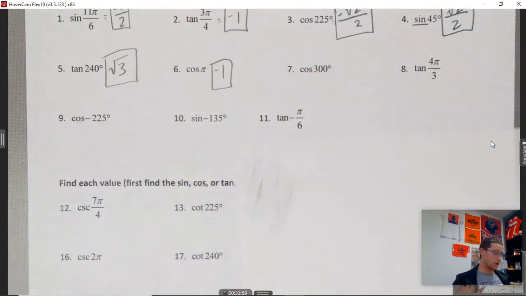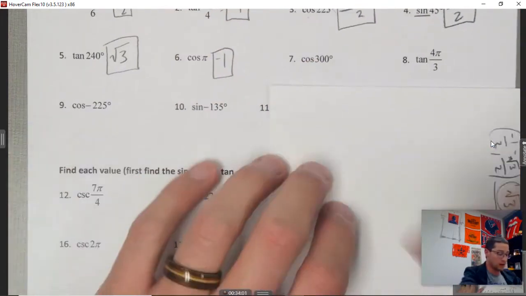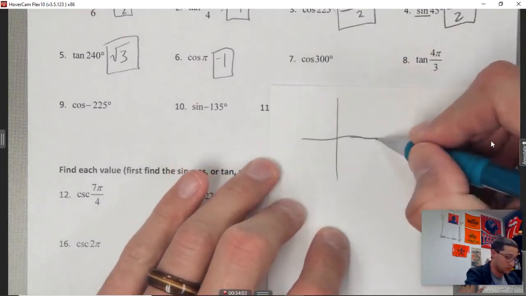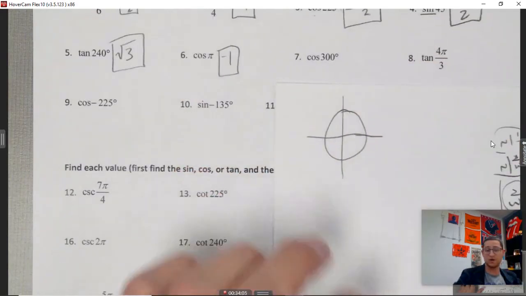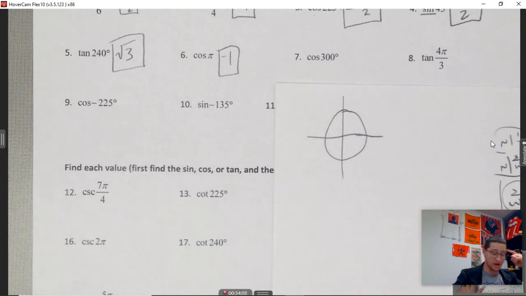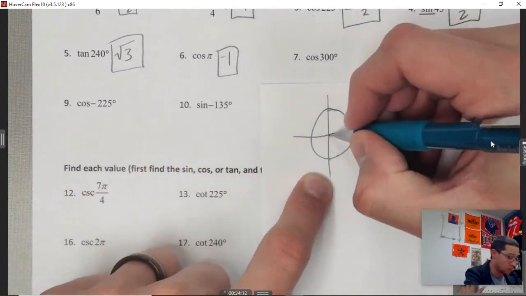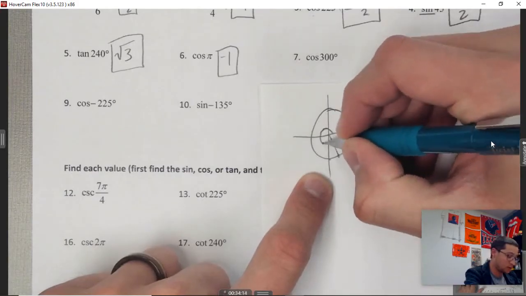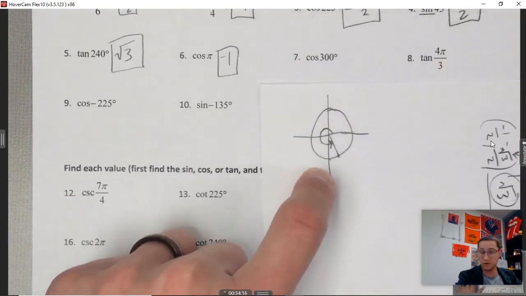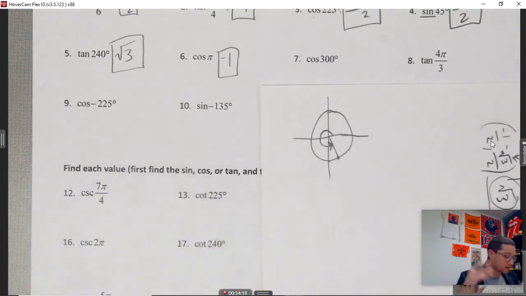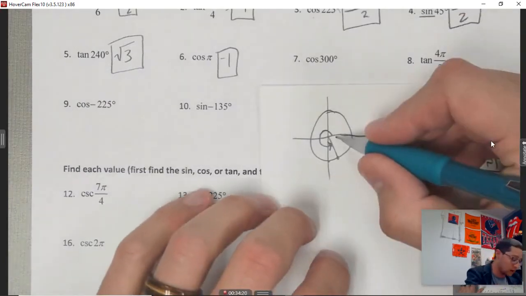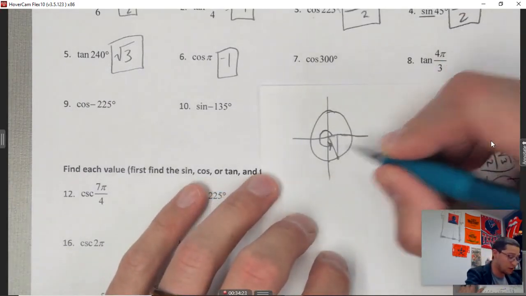Cosine of 300. Here we go, new one. Coordinates. Circle. Where's 300? Let's find it. We've got 270 is here, so 30 more here. There is 300. Got to think about where your x is in x and y. Your x is the small one.